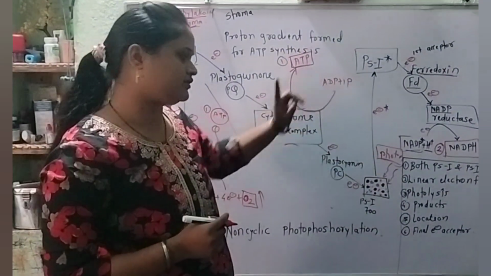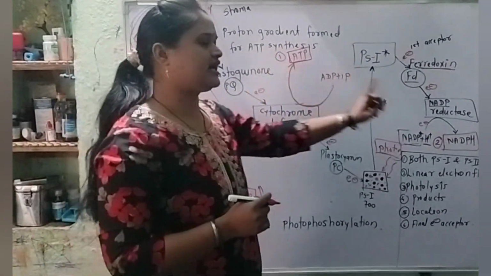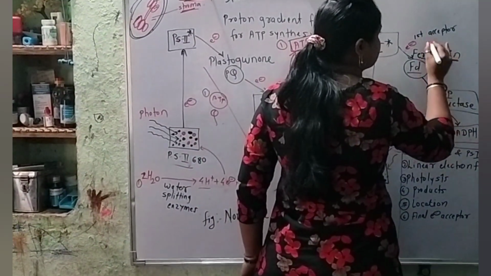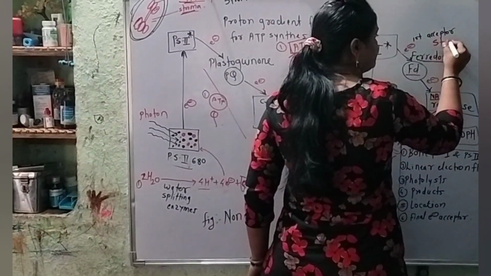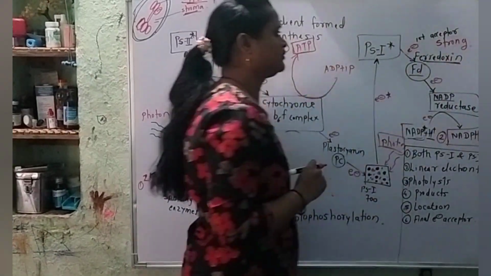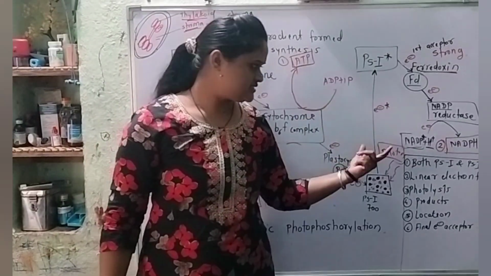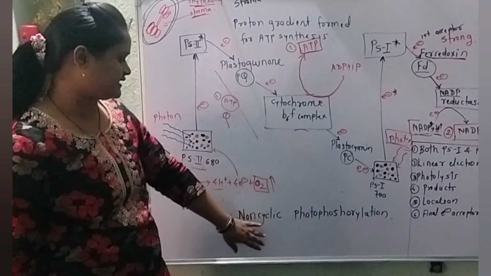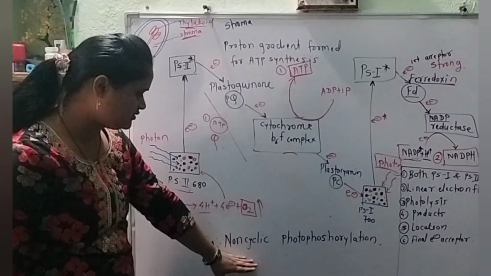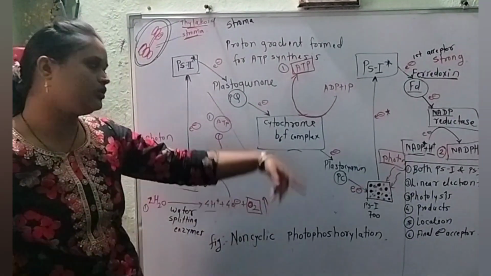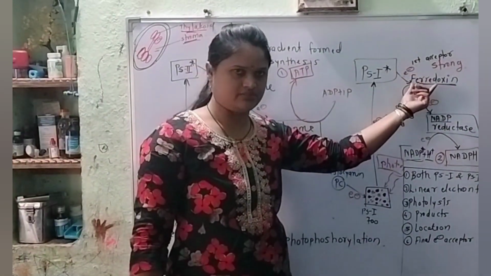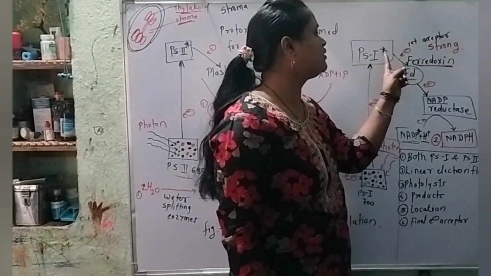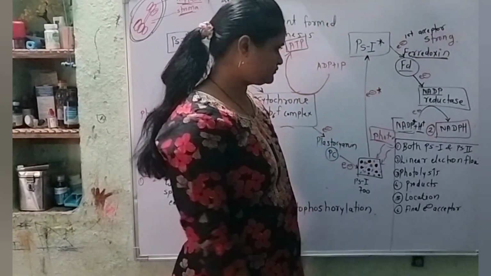So what we got from this reaction is one ATP and one NADPH. What is the specialty of ferredoxin? Ferredoxin is the strong acceptor of this reaction. This is one reason the non-cyclic reaction takes place, due to the presence of ferredoxin, because ferredoxin is a strong reducing agent which has the capacity to accept the electron.